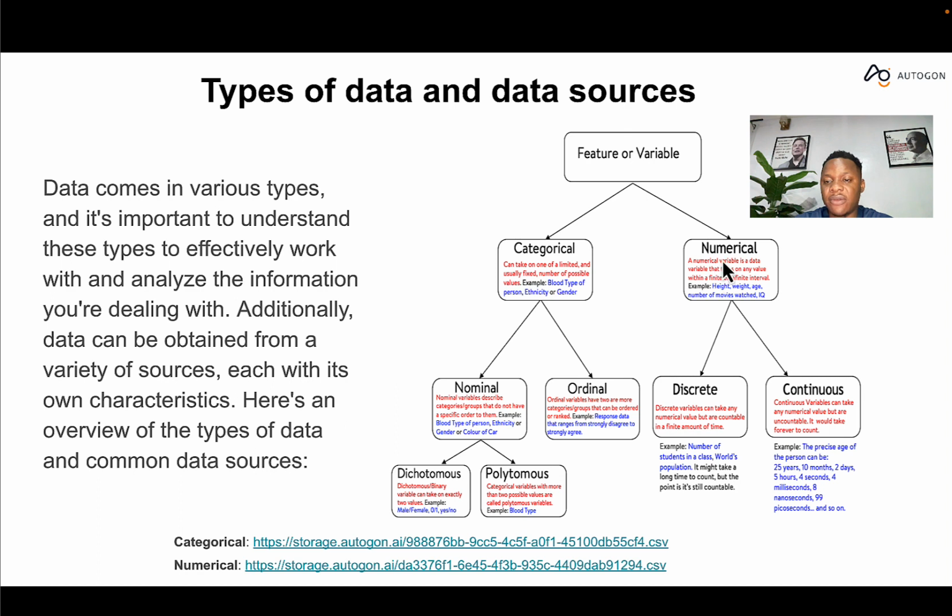Numerical. A numerical variable is a data variable that takes on any value within a finite or infinite interval. So it's very important that you understand this caveat around the definition.